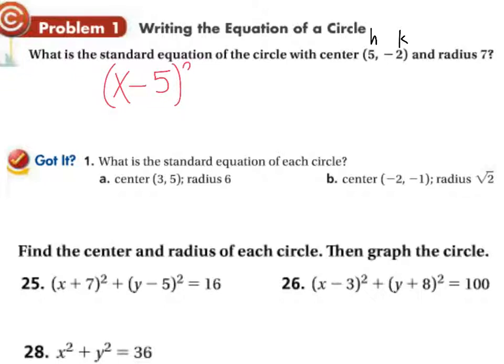You put that in parentheses and square it. There's always a plus sign here. Then you do the same thing with your y value, but it's y minus a negative 2, which we're never going to write that way. We're just going to write it as plus 2 squared, equals your radius squared, 49. And then you're done. You've written your equation. That's all we've got to do.